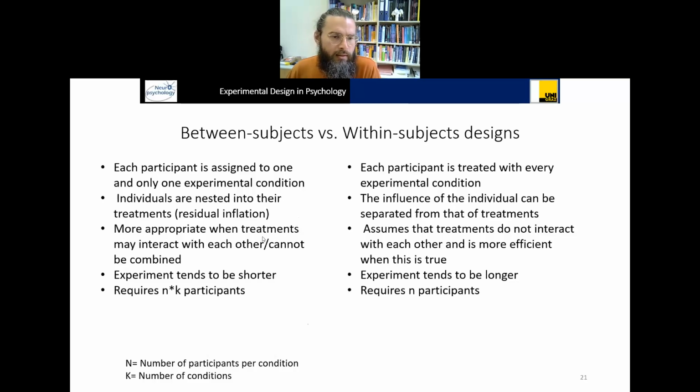These designs are more appropriate when treatments may interact with each other. So if you just participated in an experimental condition in which there was a lie, and this lie was disclosed at the end, after participating in such an experiment you're not naive to that anymore. And if the next condition comes, you will already be prepared that probably there will be another lie, another... how is that called more properly than a lie?